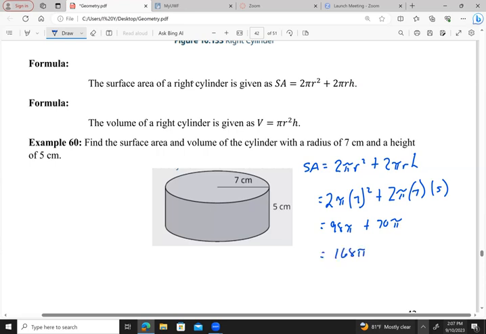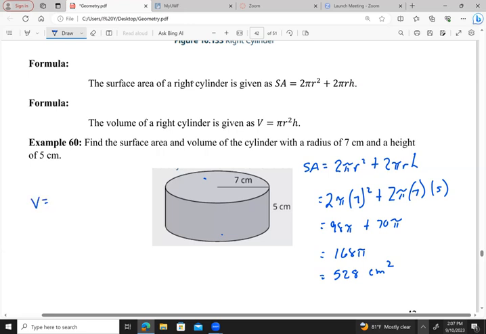Bring it up on the calculator. Now 168 times pi is roughly 528 square centimeters. So that includes the top, the bottom, and the wrap around.